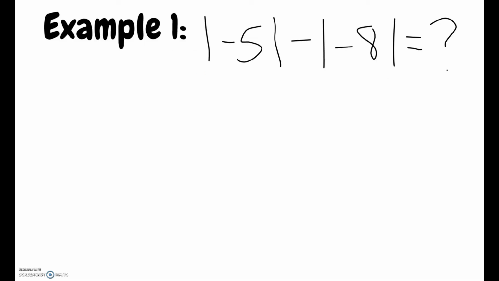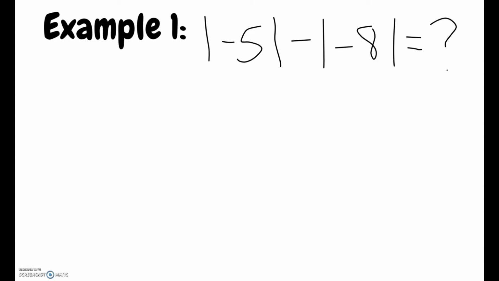In our first example here, we are trying to evaluate what the absolute value of negative 5 minus the absolute value of negative 8 is. So we know from the previous explanation on the last slide that the absolute value of negative 5 is 5 because we cannot have a negative number for absolute value, and the same rule would apply to negative 8. So we know that the absolute value of negative 8 is going to be 8.